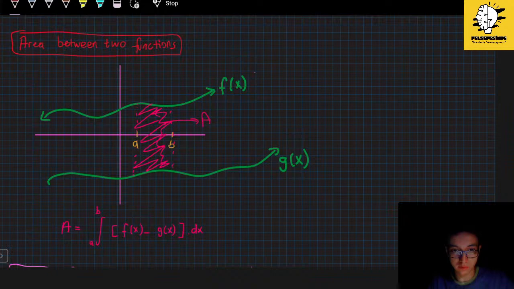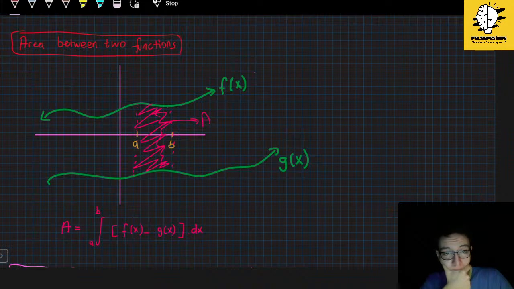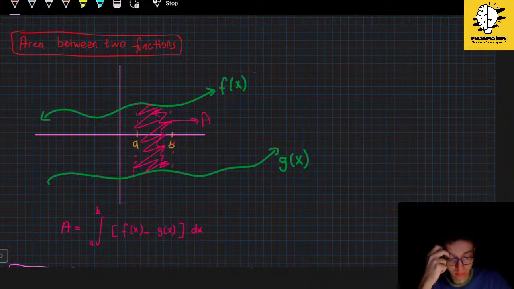And actually here we are putting the positive value at the top, and the negative value will be the one at the bottom. In order to find that, for example, IB may show you an equation and ask you to find the area between some points.